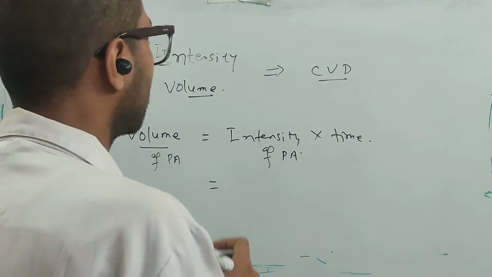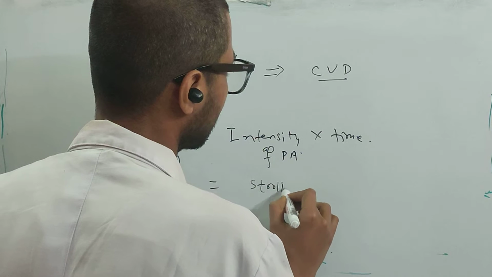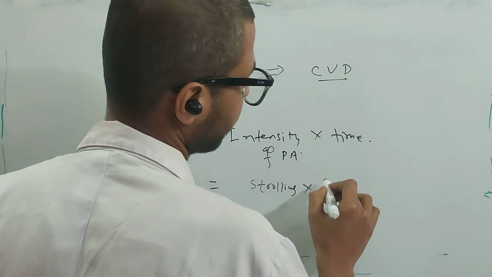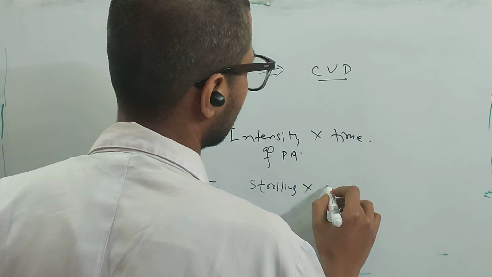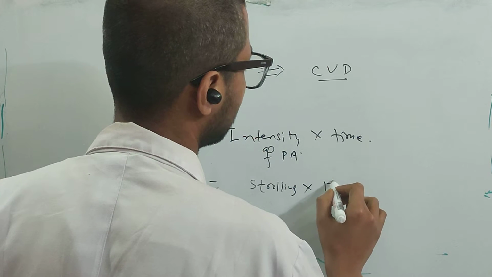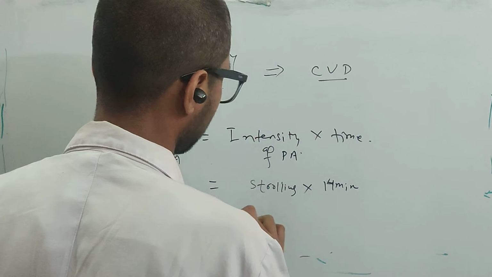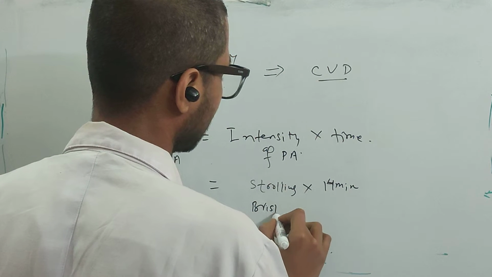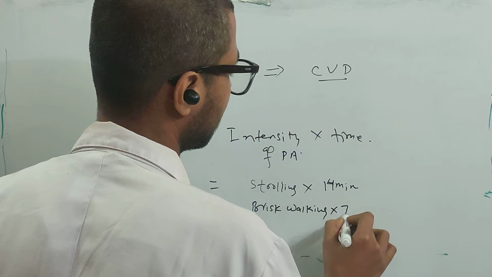Let's suppose he is strolling for 14 minutes, and another person is doing brisk walking for 7 minutes.